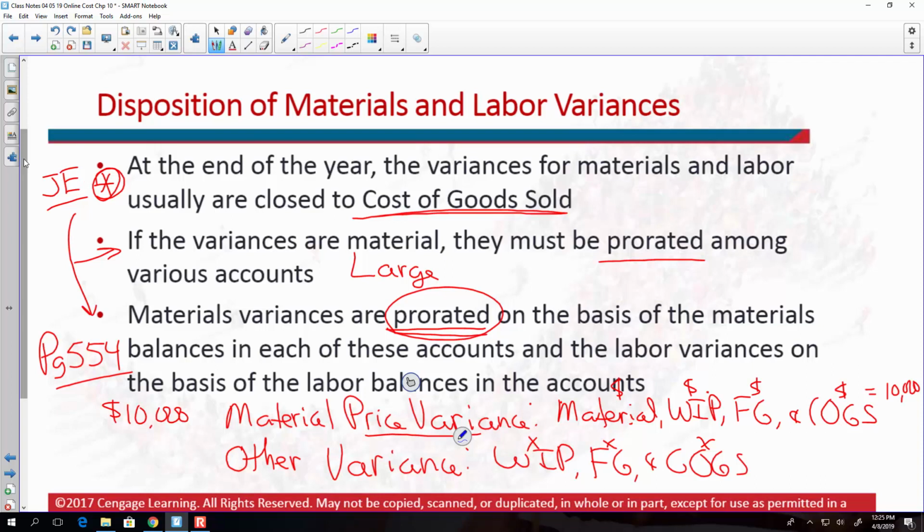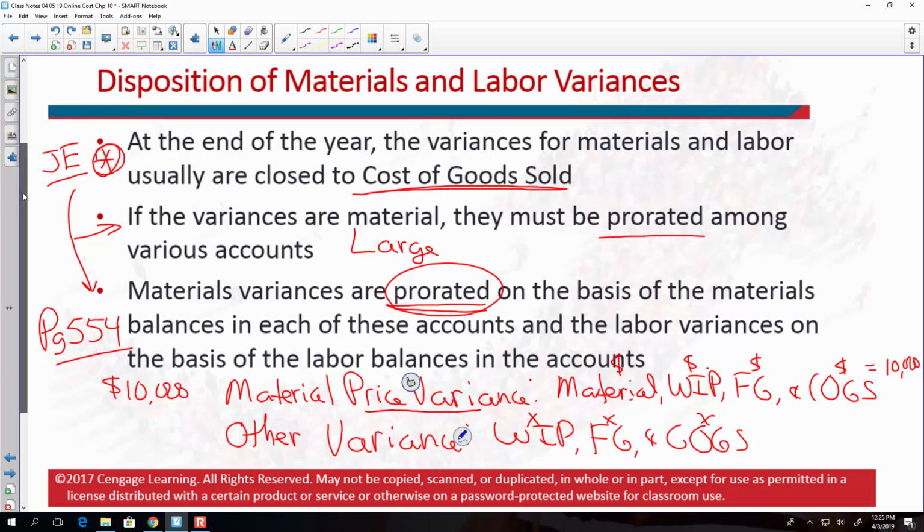Just be aware of what we did when we talked about process costing, where we had variances.